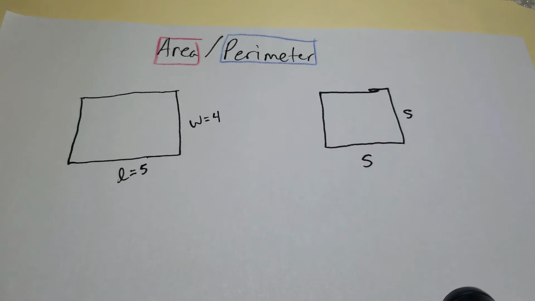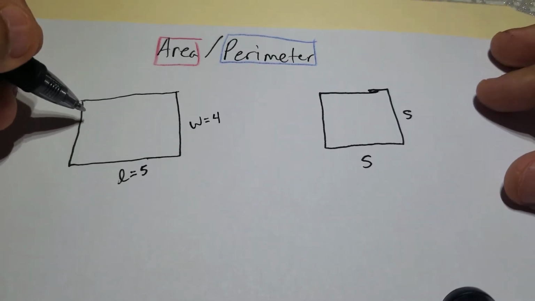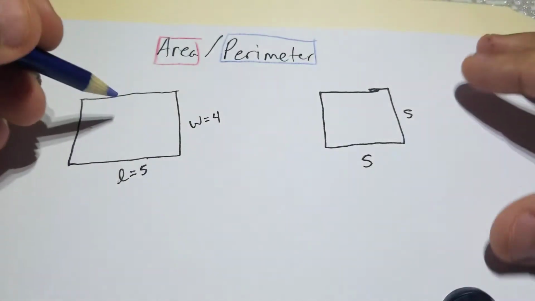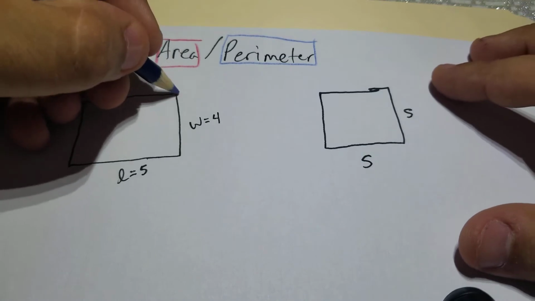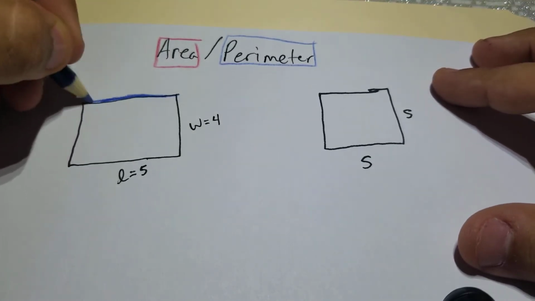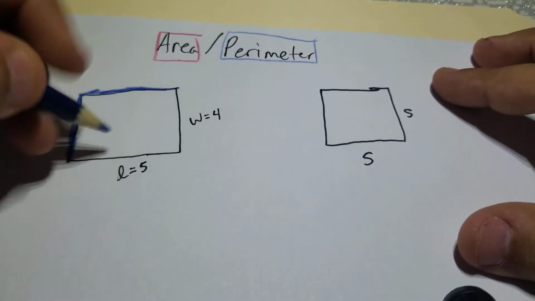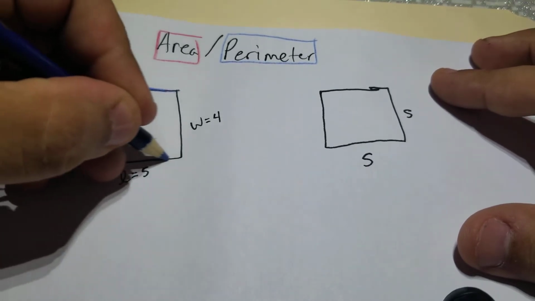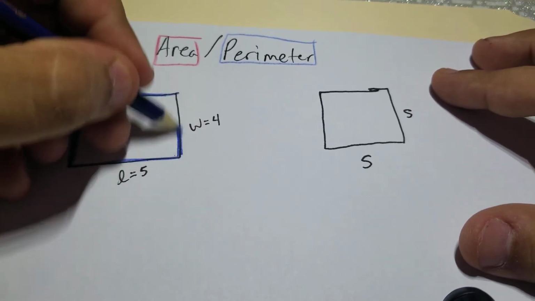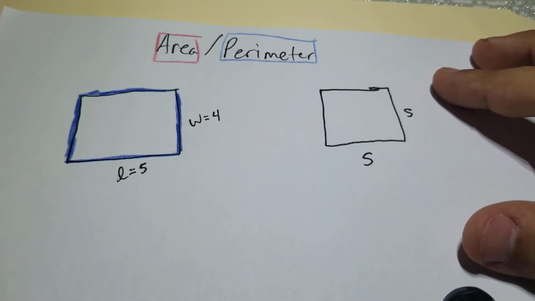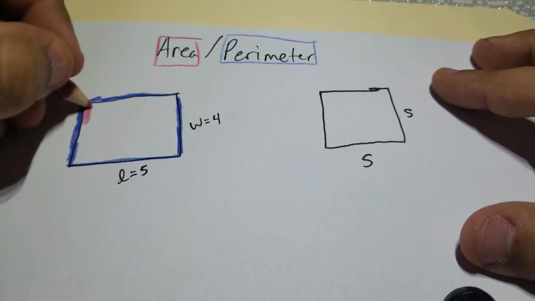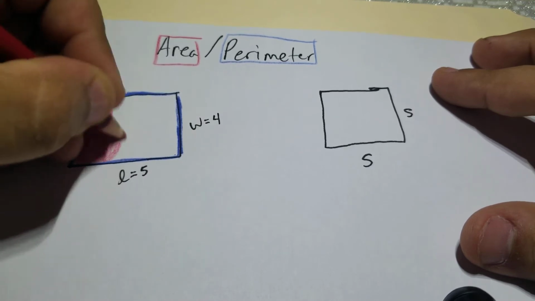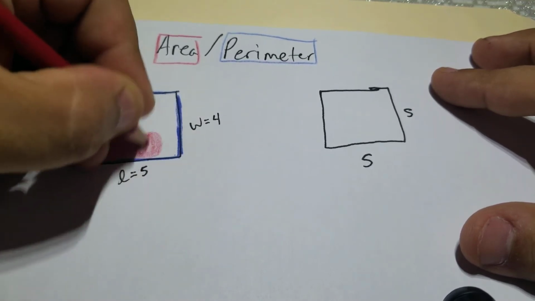We'll be using those. So let's go ahead and identify what area and perimeter are. Perimeter, ladies and gentlemen, is the overall length around the figure. So that's why I am drawing this part in blue. Area involves inside the shape, so that's why I'm doing it in red.